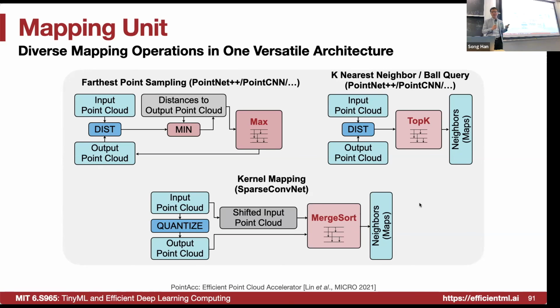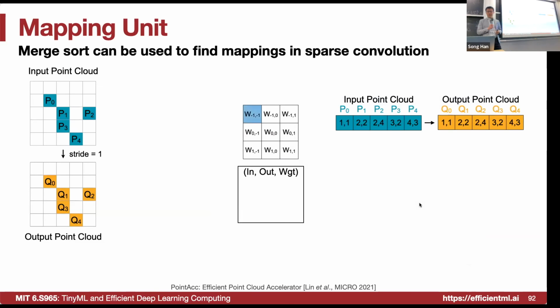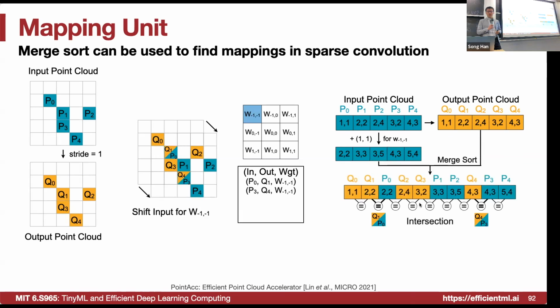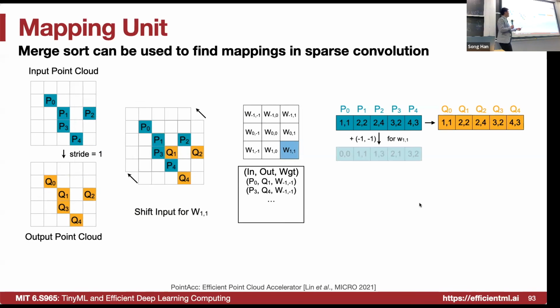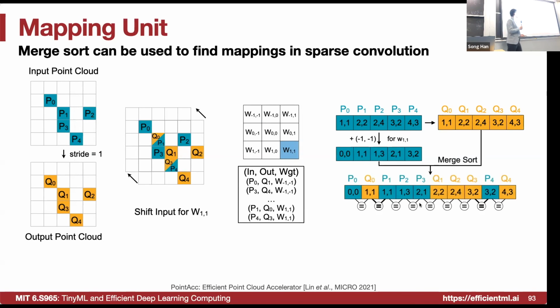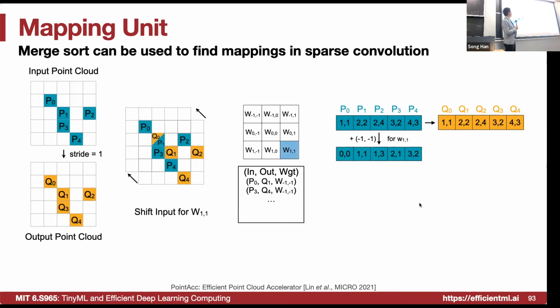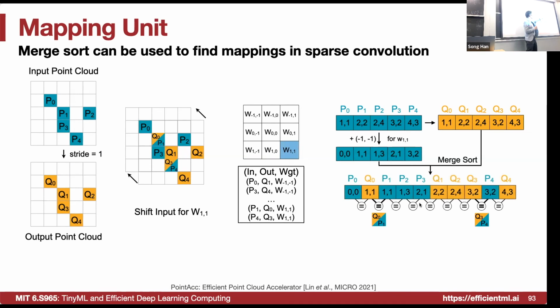which is a very important spirit of building specialized accelerators. You want to have some basic primitive, like the sorting array, to deal with many different algorithms within the same domain for this domain-specific accelerator. Similarly, if you are calculating the kernel map for W1, we need to move it in the -1 direction, and then we do the merge sort to find the intersection for those common non-zeros.